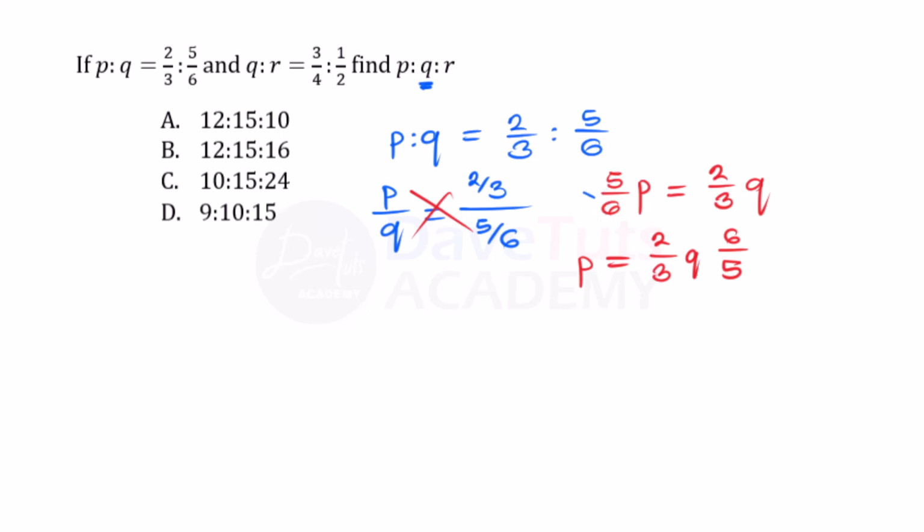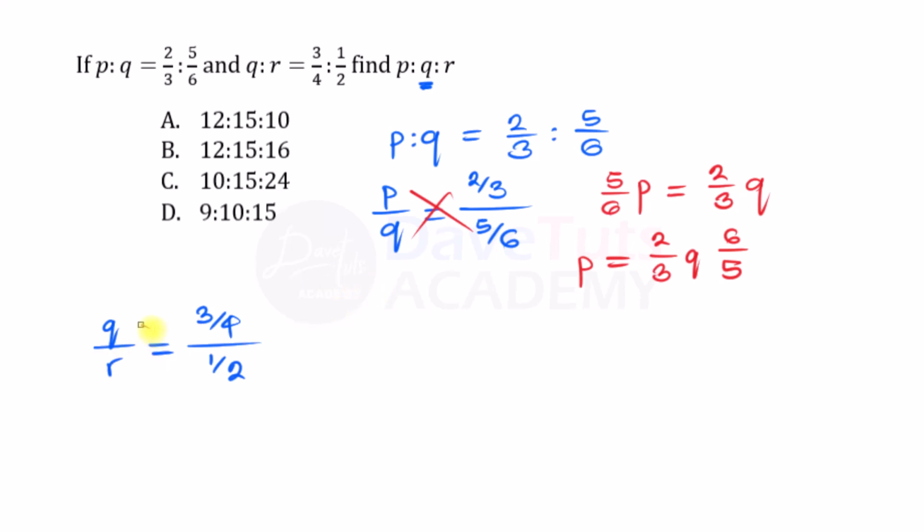So if that is what I'm doing in this case, on the other case, I will just say Q ratio R is going to be Q over R is equal to 3 over 4 divided by 1 over 2. And here again, I want to make Q my point of interest. So I'll just make R the subject of the formula.